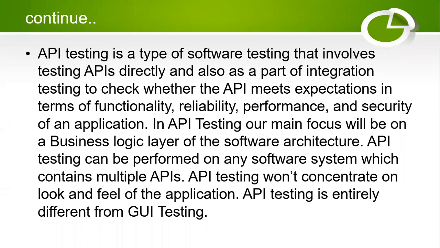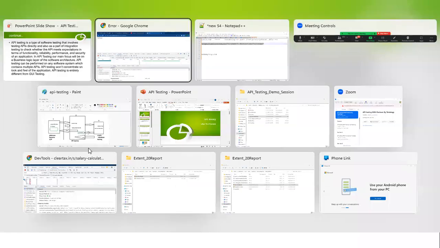But why should we learn API testing? Why should one test engineer be good at API checks also? Because in API testing, our main focus will be on the business logic layer. We are testing the business logic directly, so that we can skip checking on the user interface.